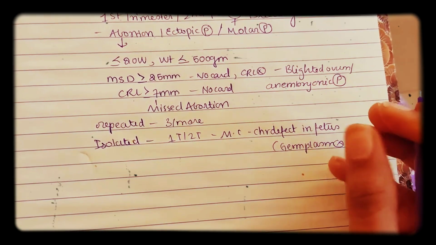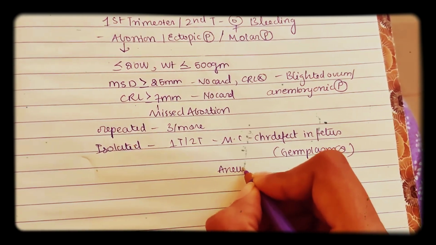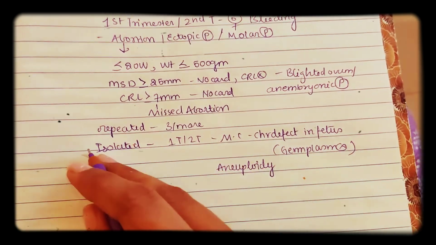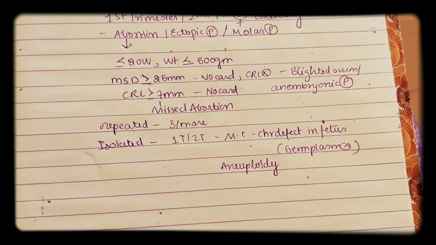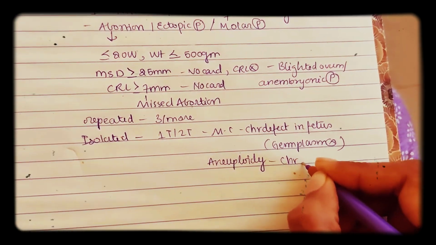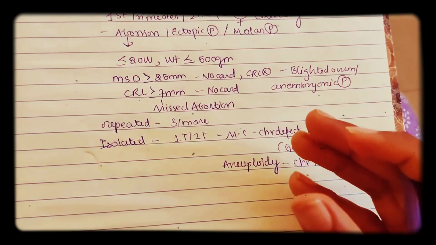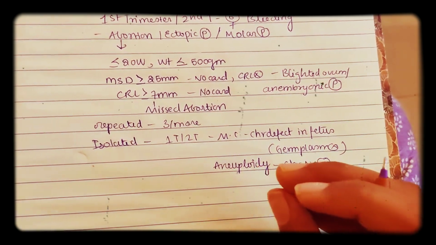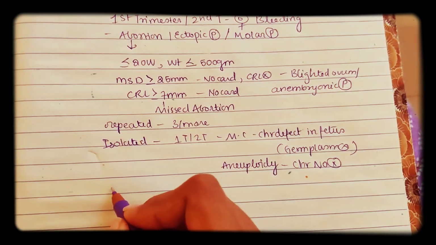Okay, so the most common chromosomal anomaly is aneuploidy, which is a defect in chromosome number. So if you are asked what is the most common cause in isolated abortion, you will say chromosomal defect.